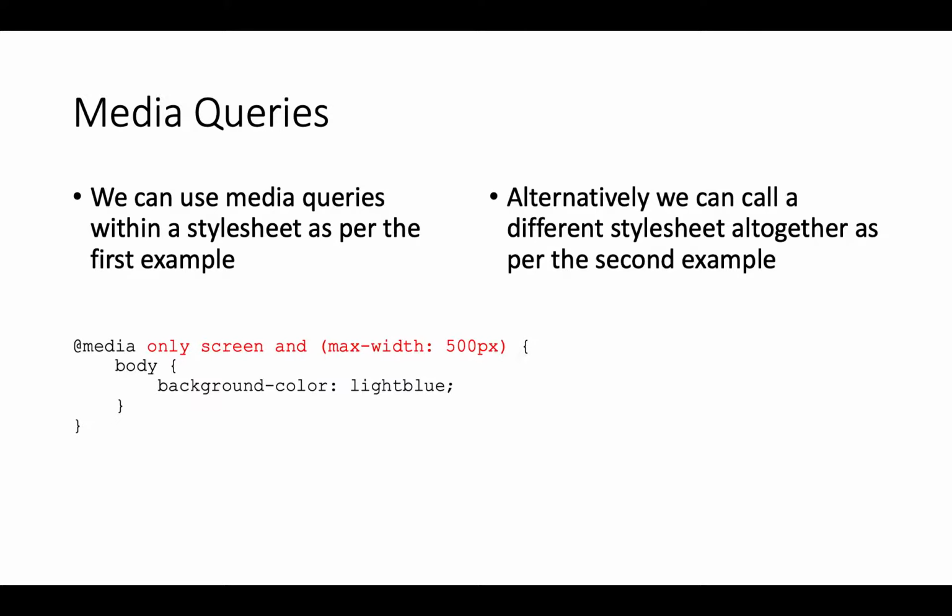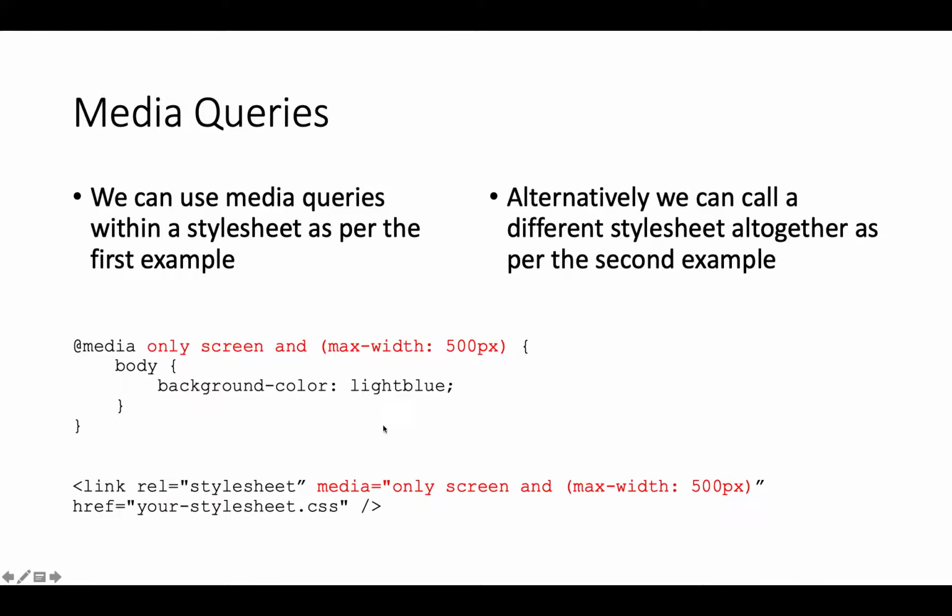Okay, so that's the previous example. It set up rules for a maximum width. One is 500, and I want to change the background. Or alternatively, you can have an entirely different style sheet just for a different screen size. This is something you will include not in your CSS but in the head section of your HTML page.